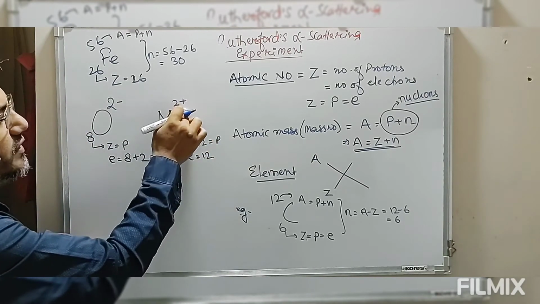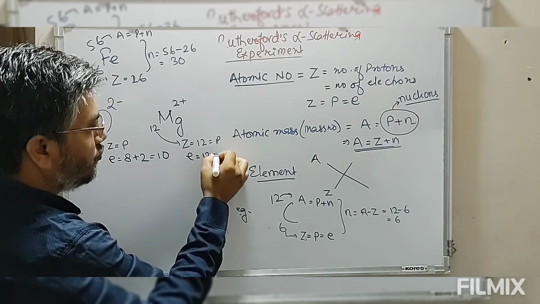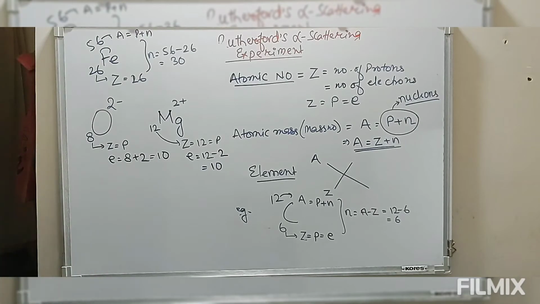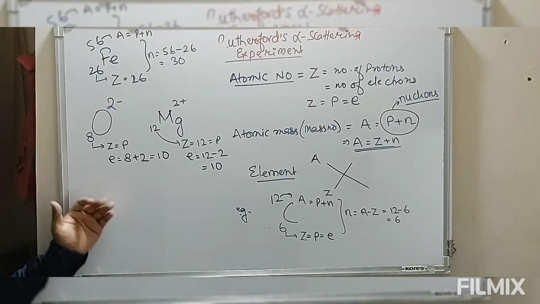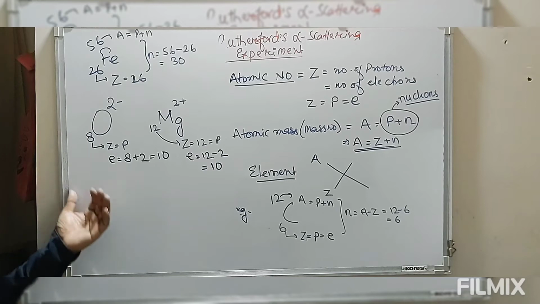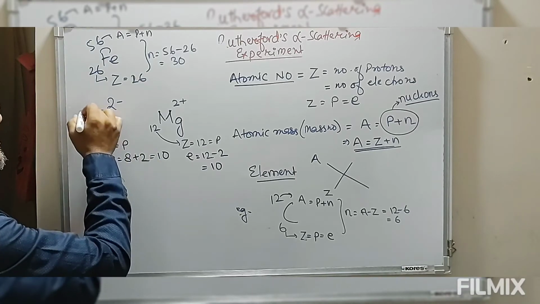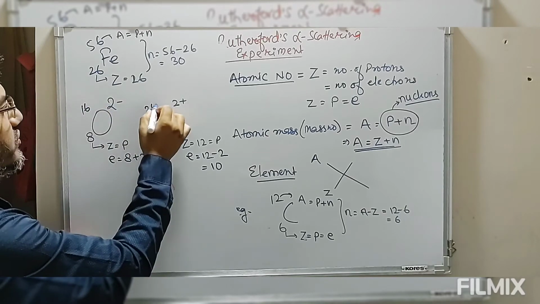After removal of 2 electrons, we have 12 minus 2, which gives you 10 electrons. This is how we define the number of electrons, protons and neutrons. The number of neutrons will remain as it is. This is 16, this is 24.